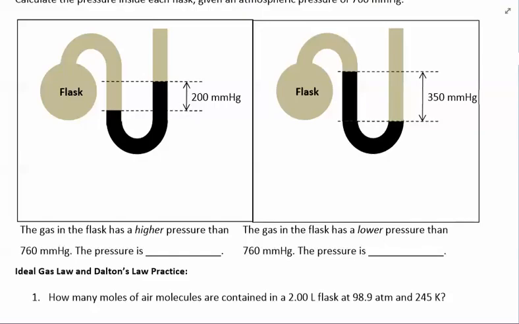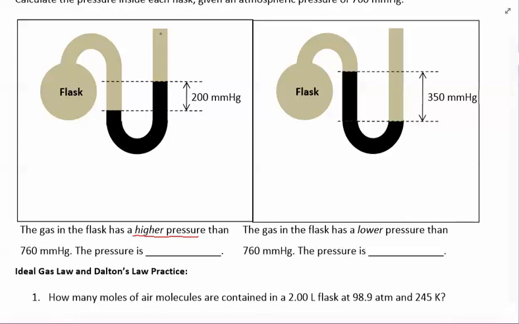So taking a look at the first example here, we have a flask with a gas inside of it. This one, the gas inside has a higher pressure. I know this because the gas is pushing down harder than the atmosphere. You can think of this as kind of like a tug of war. So either the flask or the atmospheric pressure is going to be higher. The one that is higher is going to be able to push down lower.